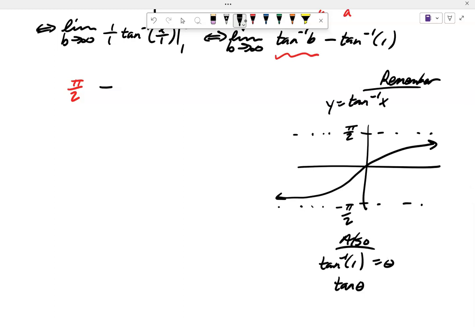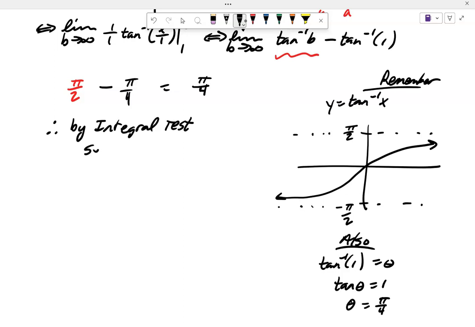So that means the tangent of theta is 1. I'm looking between negative pi halves and pi halves, so I know that that's got to be pi fourths. So we got pi halves minus pi fourths, which is pi fourths. Therefore, it converges. So by the integral test, this series converges. It does converge.